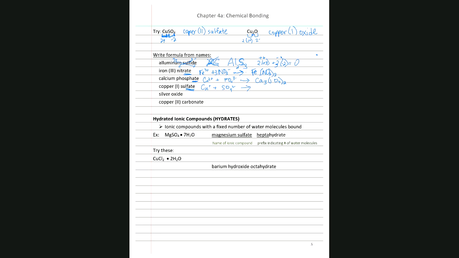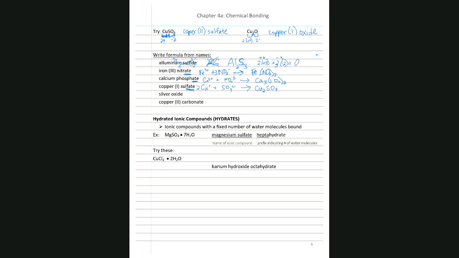So when I combine these, I'm going to need 2 coppers to have a 2+ charge in order to cancel out the 2- charge of the sulfate. So I indicate that in the formula with a subscript of 2. And I don't need parentheses on my sulfate because I only have one of them. I don't need to put a subscript there, so I don't need the parentheses.